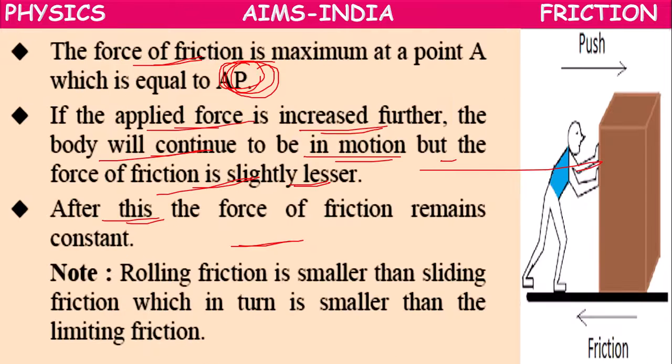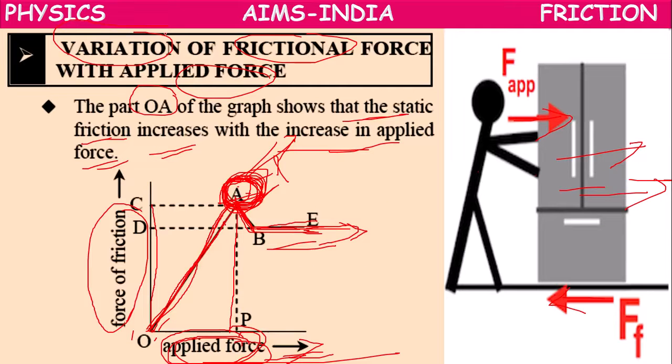So like this, children, applied force and frictional force are related to each other. In the beginning, as applied force increases, frictional force also increases up to the maximum level. After reaching the maximum level, though we increase applied force, frictional force will decrease and then become constant.